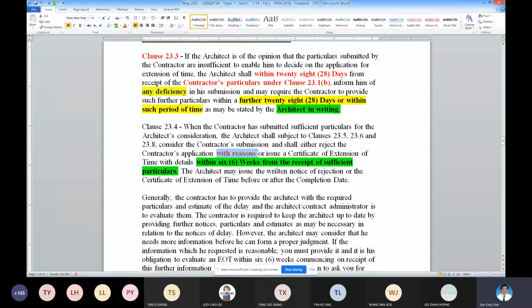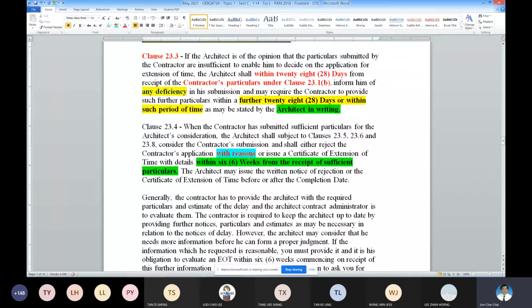Previously in your earlier PAM 2006, this is not a requirement. In 2018, this is something new. So in future, if you handle PAM contract 2006, and I believe you still will be handling, because some projects are still running because COVID-19 dragged very much longer, you have a lot of contracts still under the 2006 PAM document.